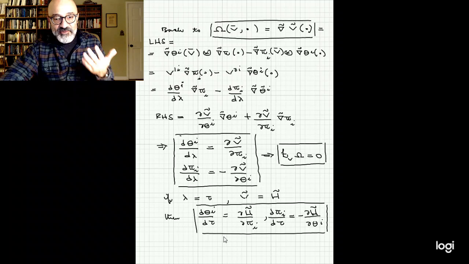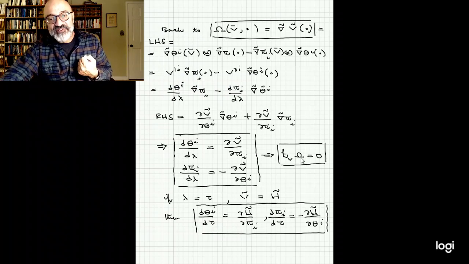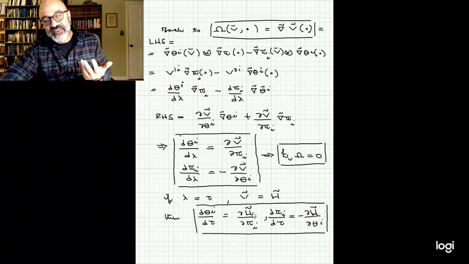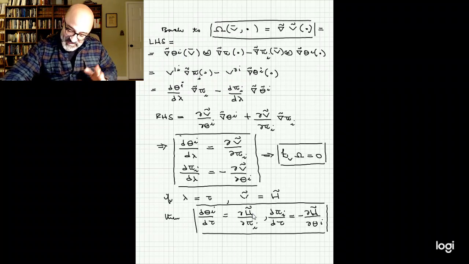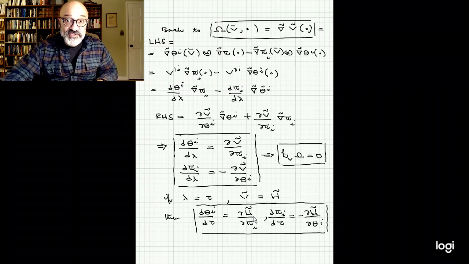So clearly we do not know how to choose the pi's so that they correspond to whatever the momenta are, such that when you preserve the symplectic structure, the parameter is time and the scalar function is actually the Hamiltonian. Nevertheless, it's amazing to see where the structure is coming from.